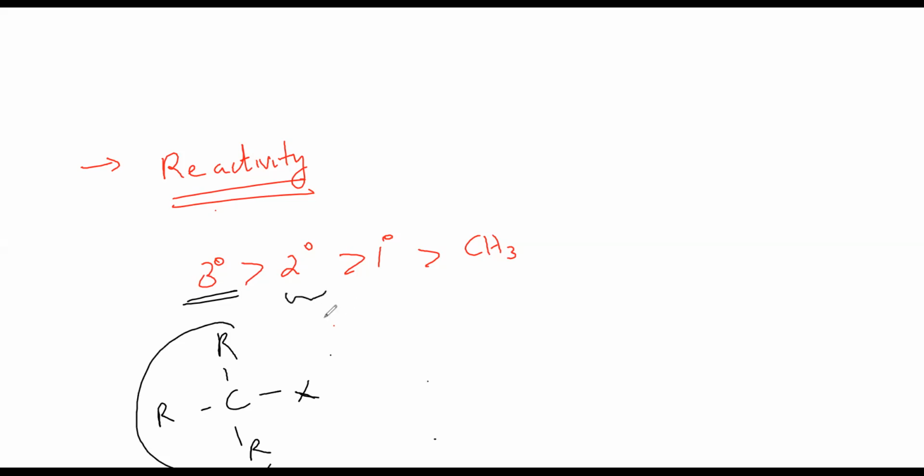In secondary, there will be only 2 R. Primary only a single R. Primary meaning what? R, C and X, that's all. Primary. This I just did as alkyl halide, that's it. So this is the reactivity of the SN1 mechanism.